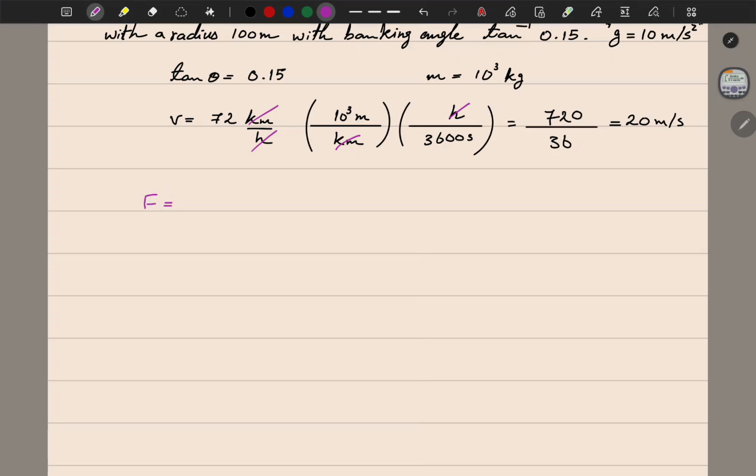F equals mg tan theta, which equals 10 to the power of 3 multiplied by g, which is 10, multiplied by tan theta, and this equals 1500 newtons.